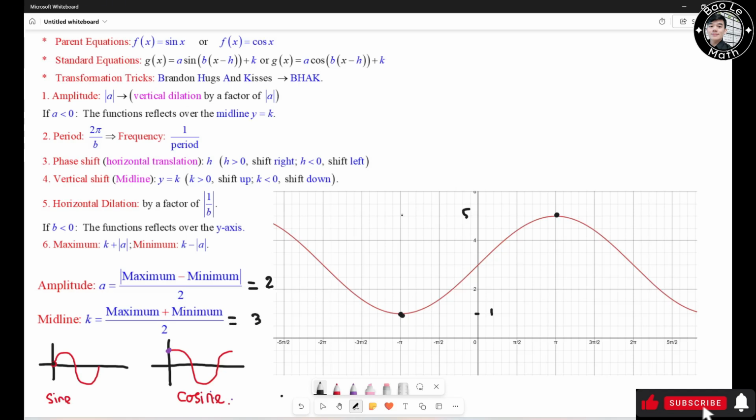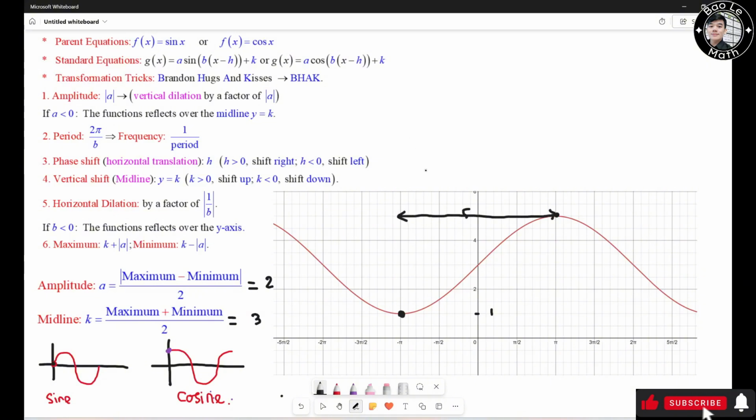Now next one, we need to find the period. The period is the distance between two x values of the maximum or two x values of the minimum, right? Now, because the graph only gives you one maximum and one minimum, and they are next to each other, the distance from maximum to minimum right here is going to be half of the period.